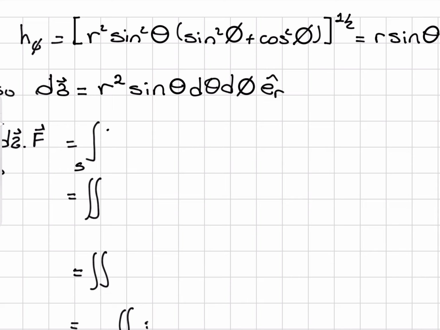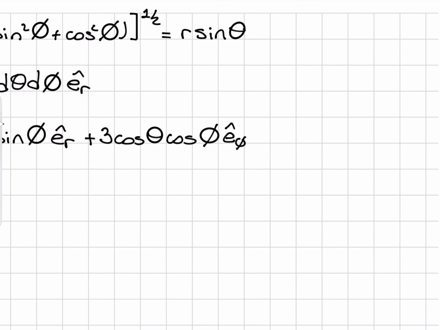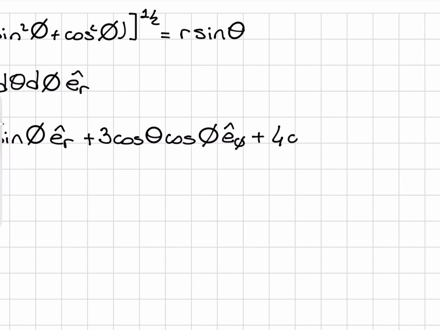2 sine theta sine phi in the e_r hat direction, and then it has a component on e_phi hat, which is 3 cosine theta cosine phi in the e_phi hat direction, and 4 cosine theta cosine phi in the e_theta hat direction.